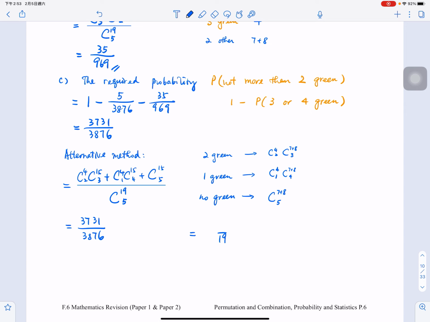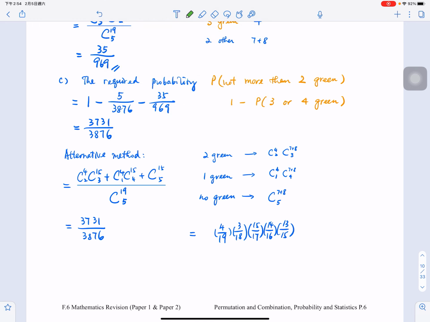4 over 19 times 3 over 18. Only 2 green. Then how about the others? You still have 17, 16, and 15.